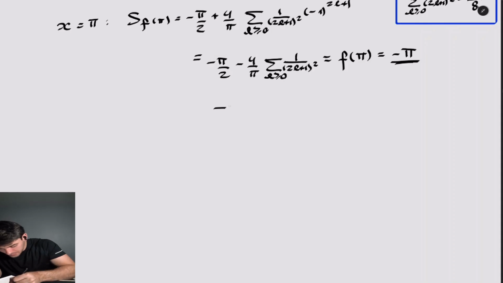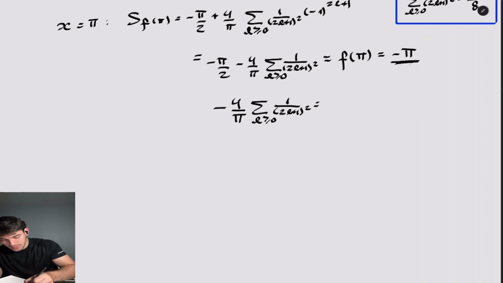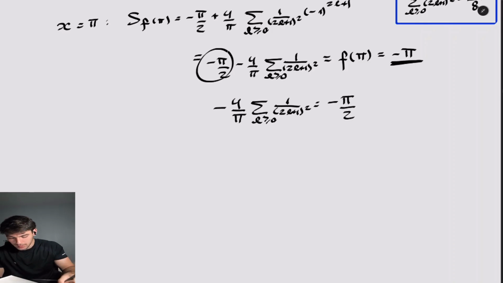So minus 4 divided by pi, sum that we want, equals minus pi plus pi divided by 2. That's minus pi divided by 2. Now we can just erase these both negative signs here. And once again, multiplying by pi, dividing by 4, we'll reach the same result. Pi squared divided by 8.